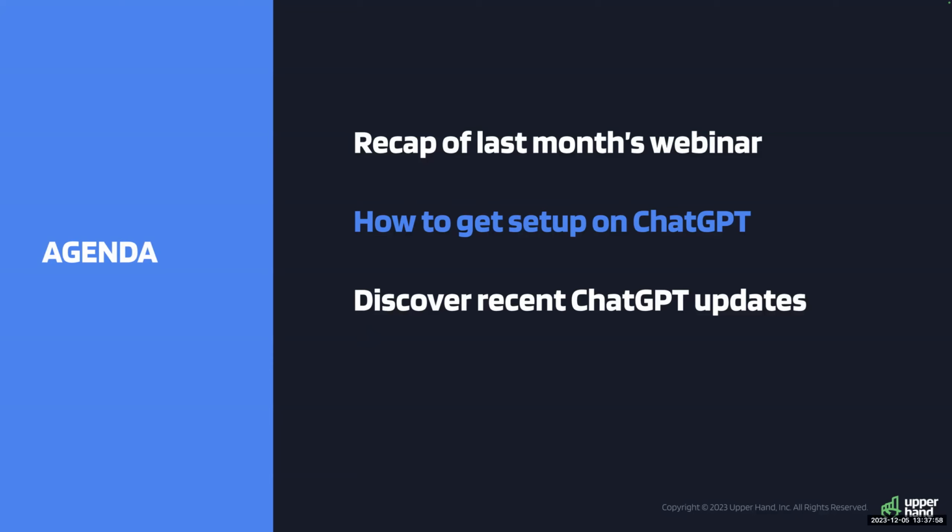Believe it or not, almost a couple days after the last webinar in November, OpenAI had their Dev Day, where they announced a whole bunch of new capability that launched and changed the entire visual layout of ChatGPT. So we'll walk through all of that today, and we're going to build prompts in a live setting. These will be prompts around a new feature that we're going to cover here in a second.